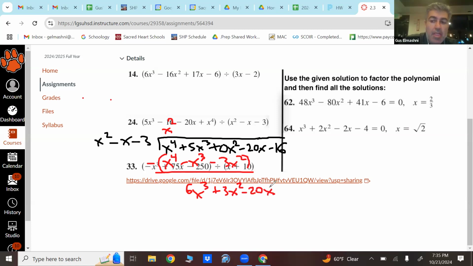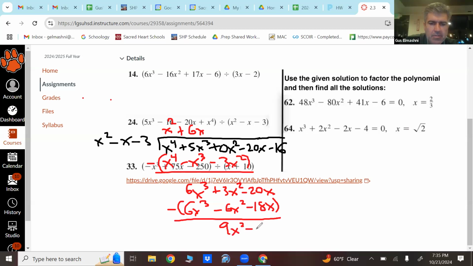Then you have to multiply by plus 6x. Then that'll be a 9.